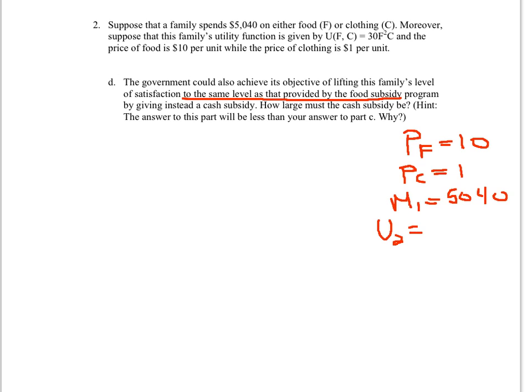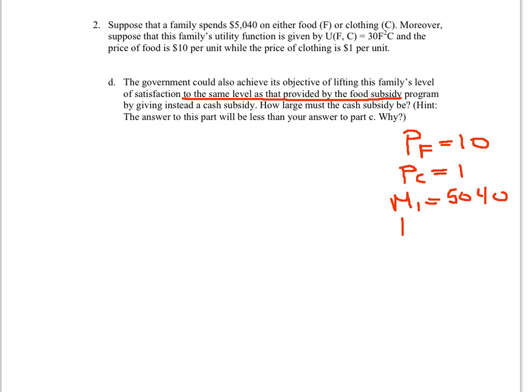So let's call that utility 2 in the second problem. And we know how much it is. It's going to be 30 times 672, because that's the amount of food that this family consumed at that time, to the power of 2, times 1680. Let me organize this a little differently here.